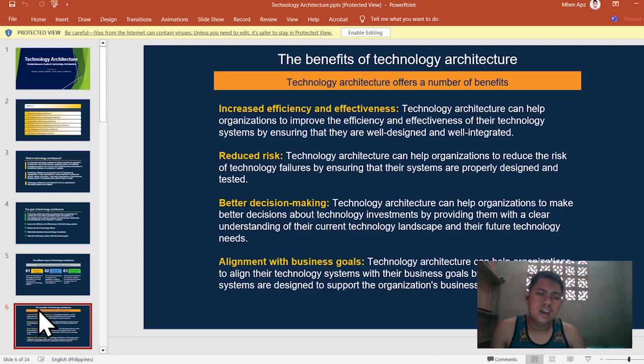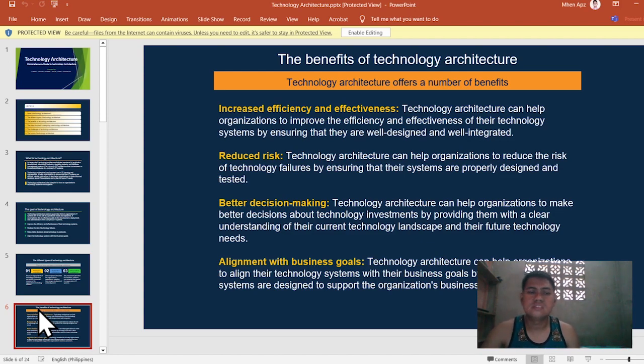It also enables better decision making, in the sense that technology architecture can help organizations make better decisions about technology investment by providing them with a clear understanding of their current technology landscape and their future technology needs.